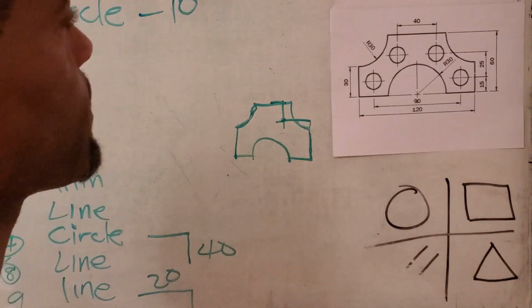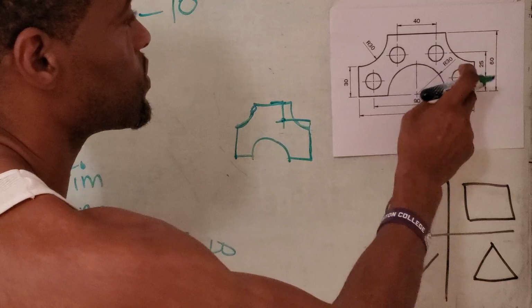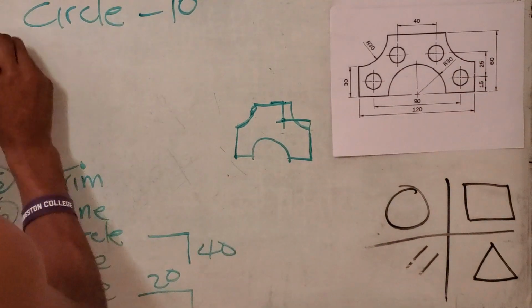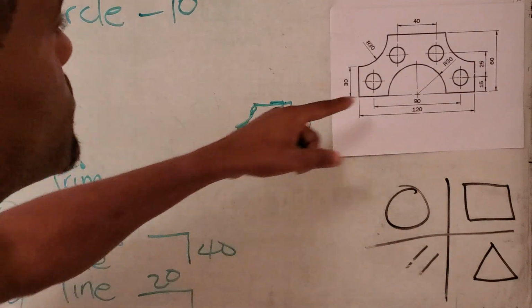The next step is to mirror these two circles. So step number 11 is the mirror.